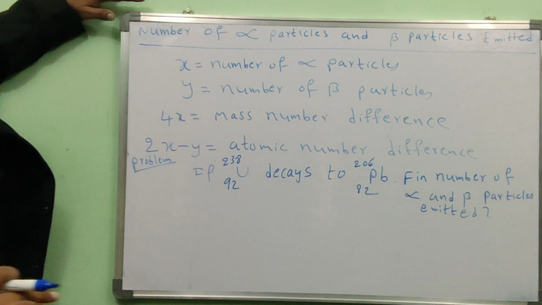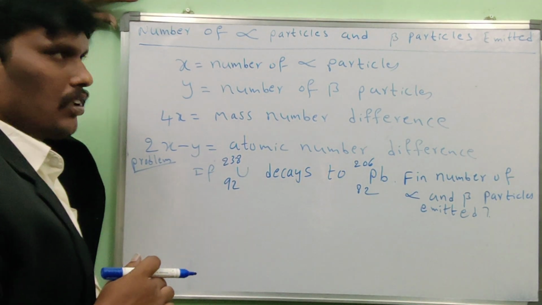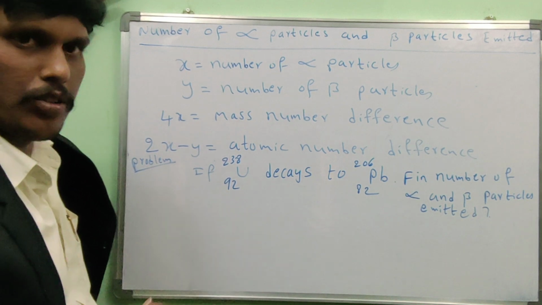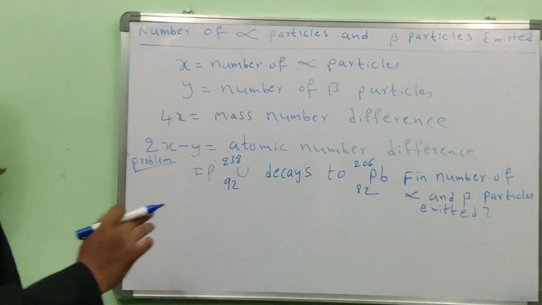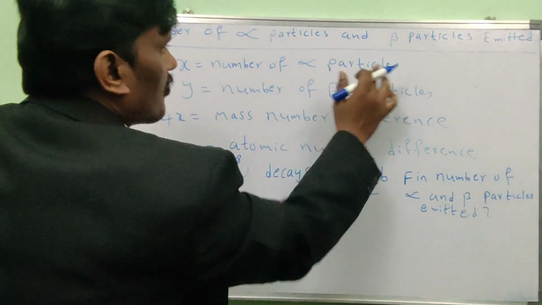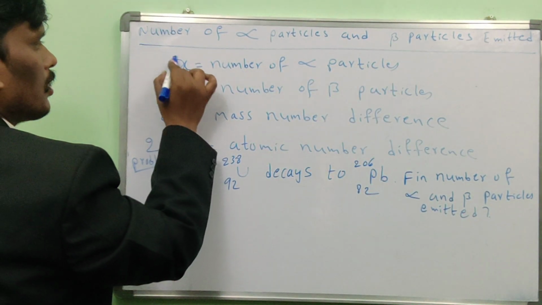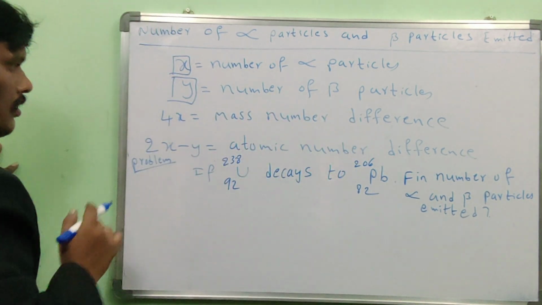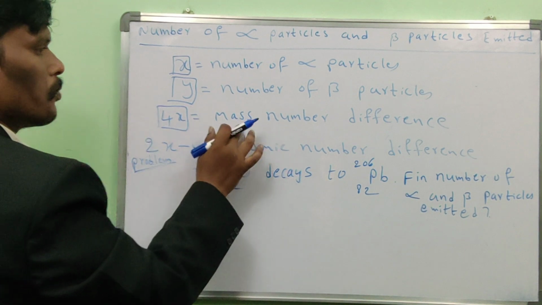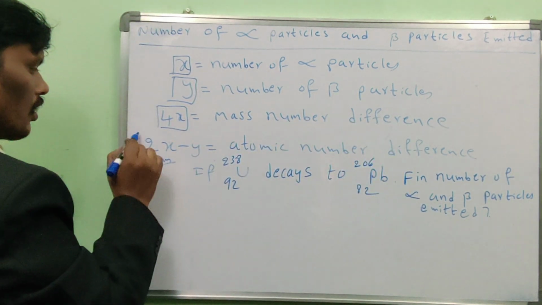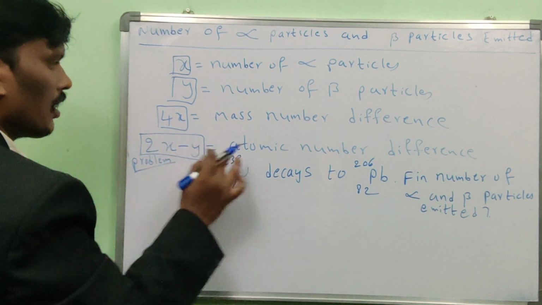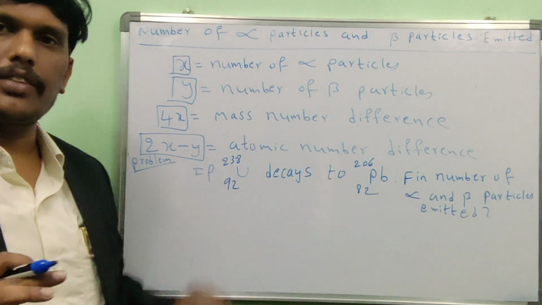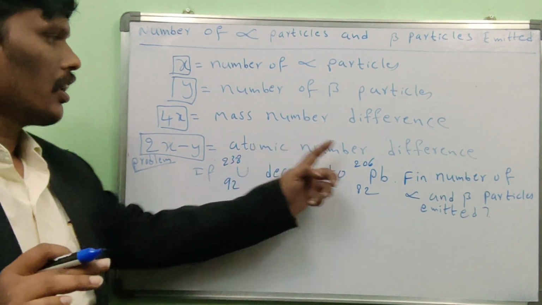Next one, number of alpha particles and beta particles emitted. How to solve this problem in less time, let us see in the simplest way, and I am going to give the logic and the small tricks. x is the number of alpha particles. y is the number of beta particles. 4x is the mass number difference. 2x minus y is the atomic number difference.